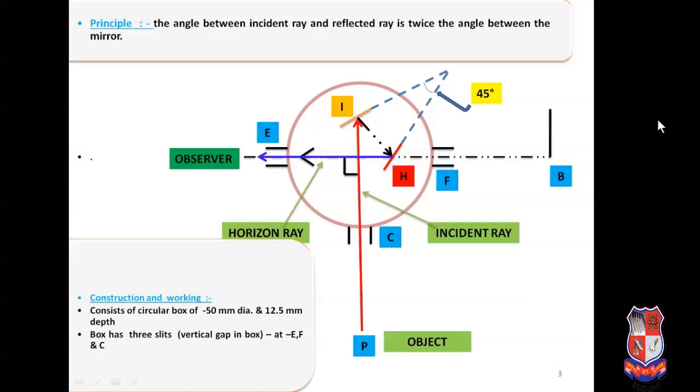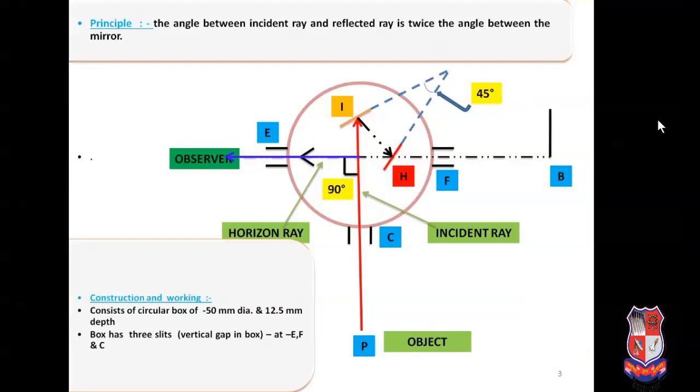First, let us see what is the principle of optical square. The principle is that the angle between the incident ray and the reflected ray is 90 degree.